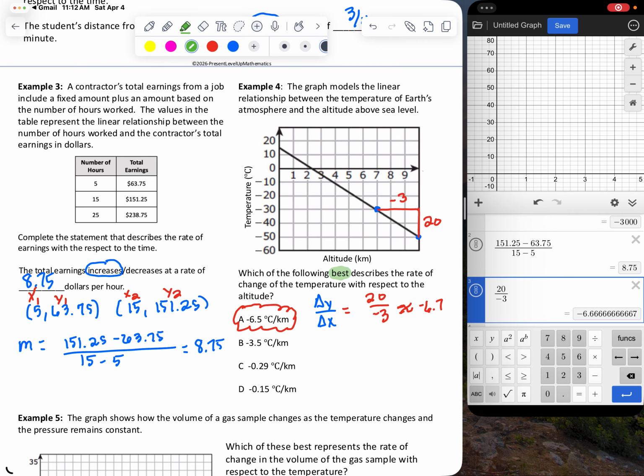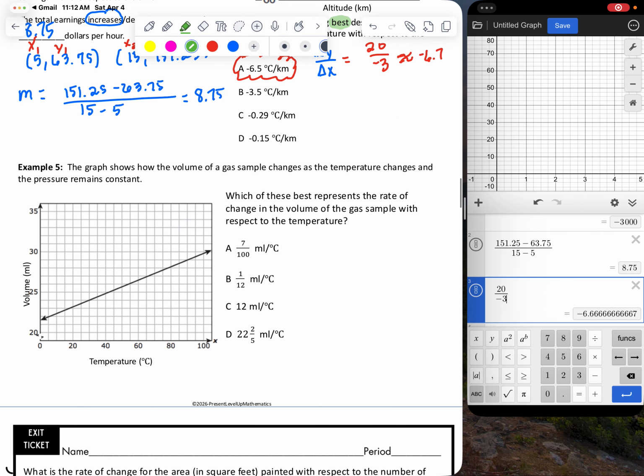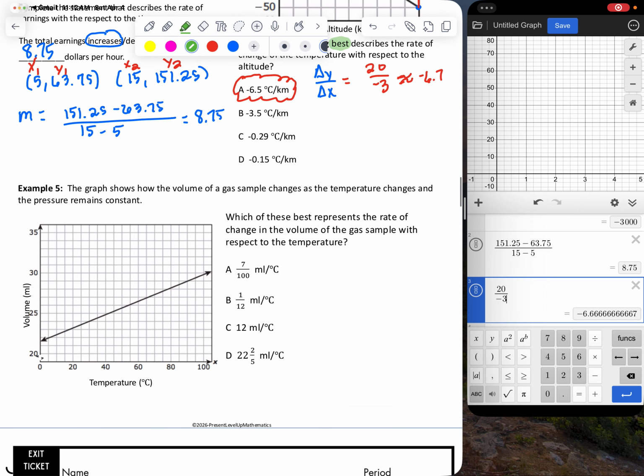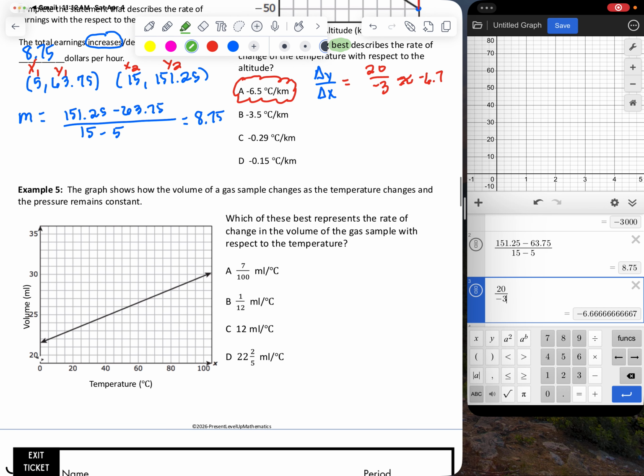All right. Example 5. The graph shows how the volume of a gas sample changes as the temperature changes and the pressure remains constant. Which of these best represents the rate of change in the volume of the gas sample with respect to the temperature?